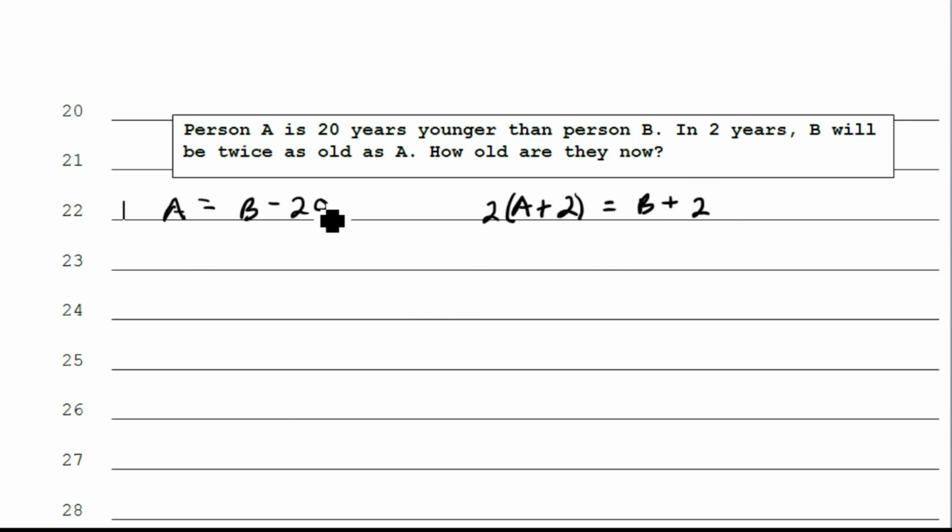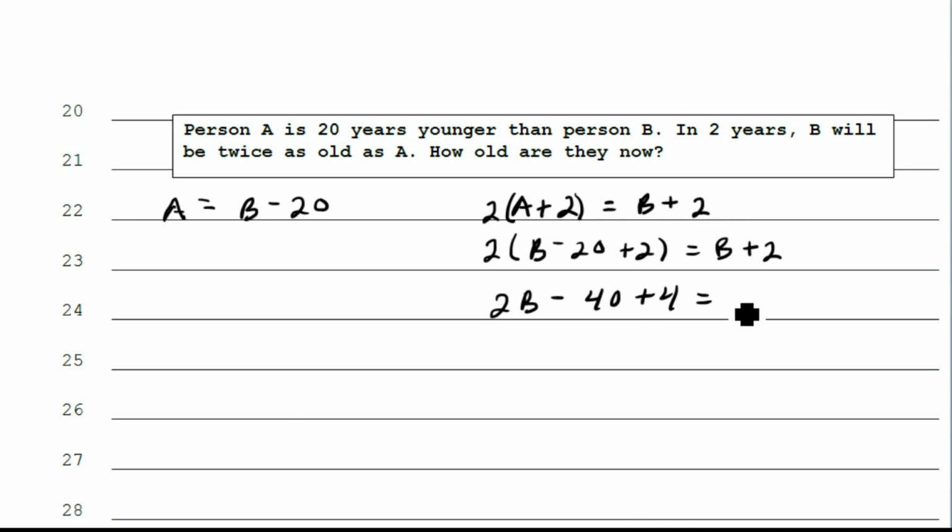You already have A equals B minus 20. You can substitute B minus 20 for the A over here. So I have 2 times B minus 20 plus 2 equals B plus 2. Expand that, you get 2b minus 40 plus 4 equals b plus 2.